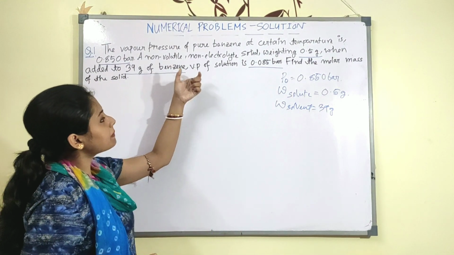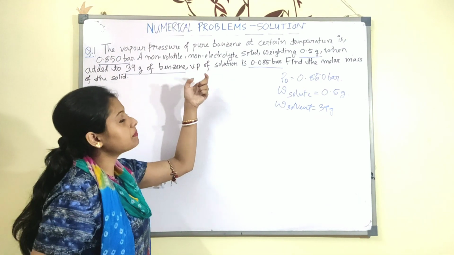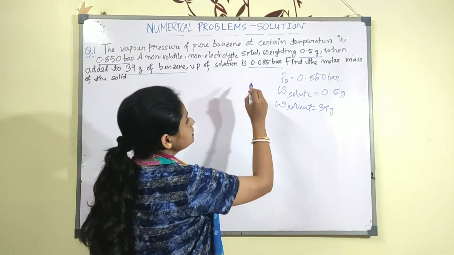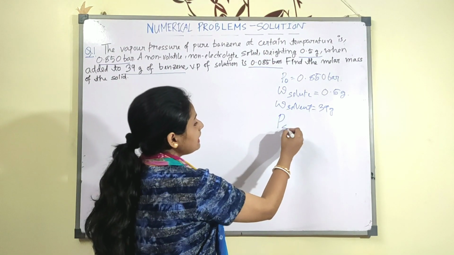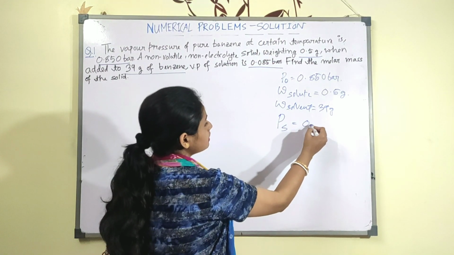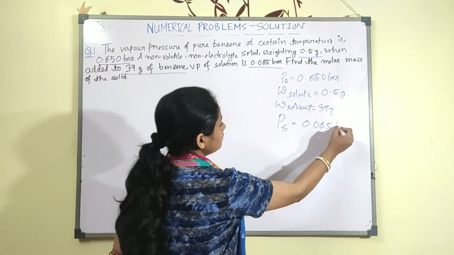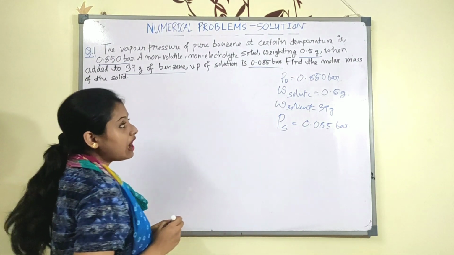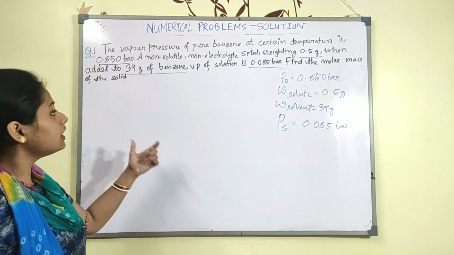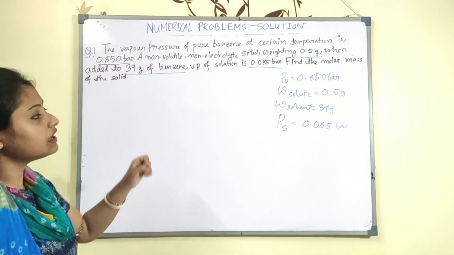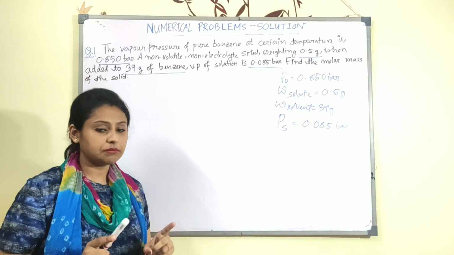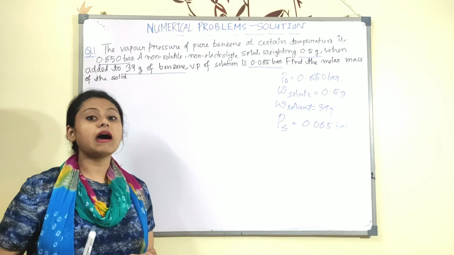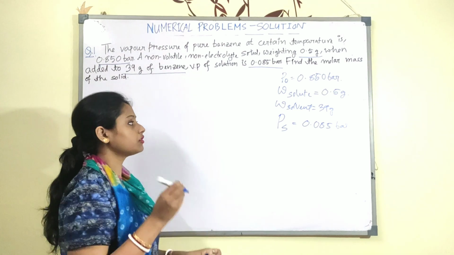And the vapor pressure of the solution is 0.085 bar, that means P solution is 0.085 bar. So now we have all the data. What is asked in the question? Find the molar mass of the solid, that means the molar mass of the solute.